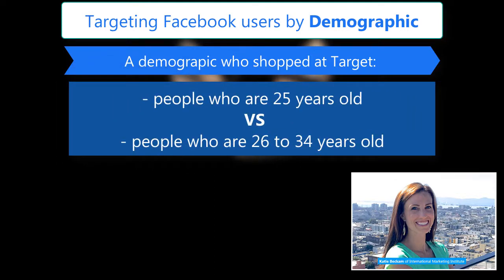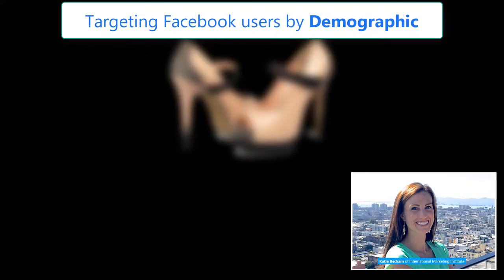And then we'll test that against, they shop at Target, they like fashion, and they're 26 to 34, and so on. So we'll do different age groups because we want to see how all the different demographics perform against each other. But we don't want to go too small because then we're not going to have enough meaningful data to know anything. That's one way to group it.